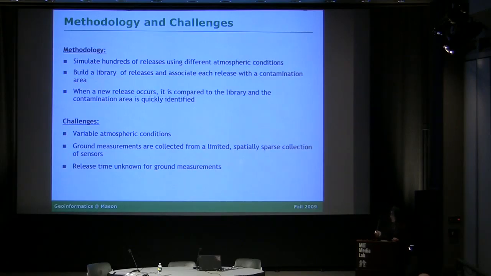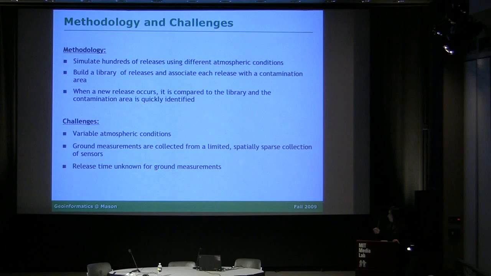Now, what are the challenges that we are facing? Atmospheric conditions are not 100% predictable all the time, so they are variable. We have ground measurements collected by a sensor network which might not be optimum. There might be sparse sensors, or only a few of them operating.